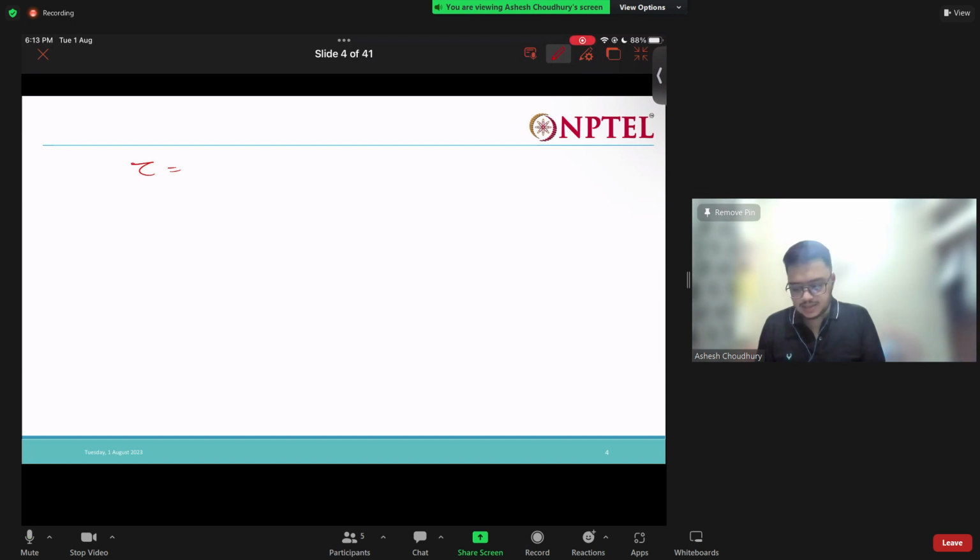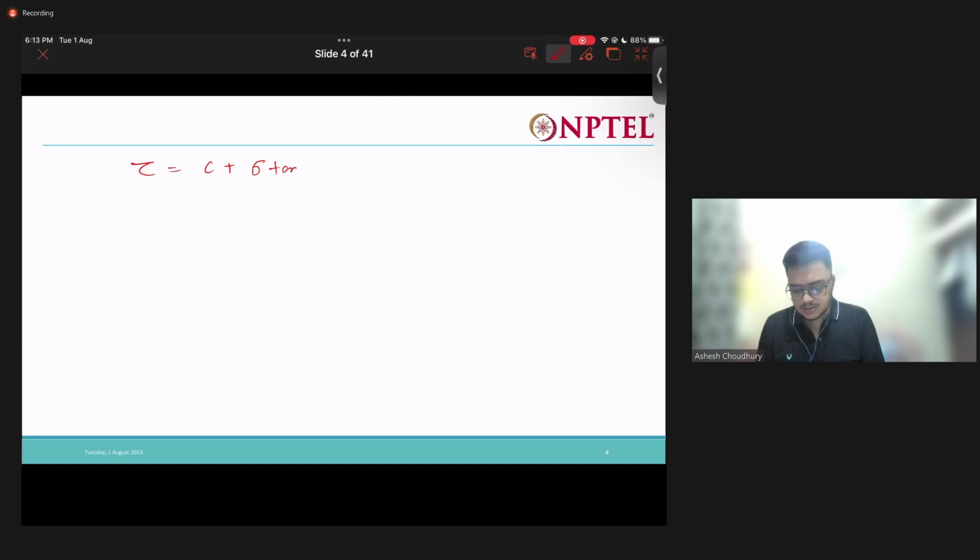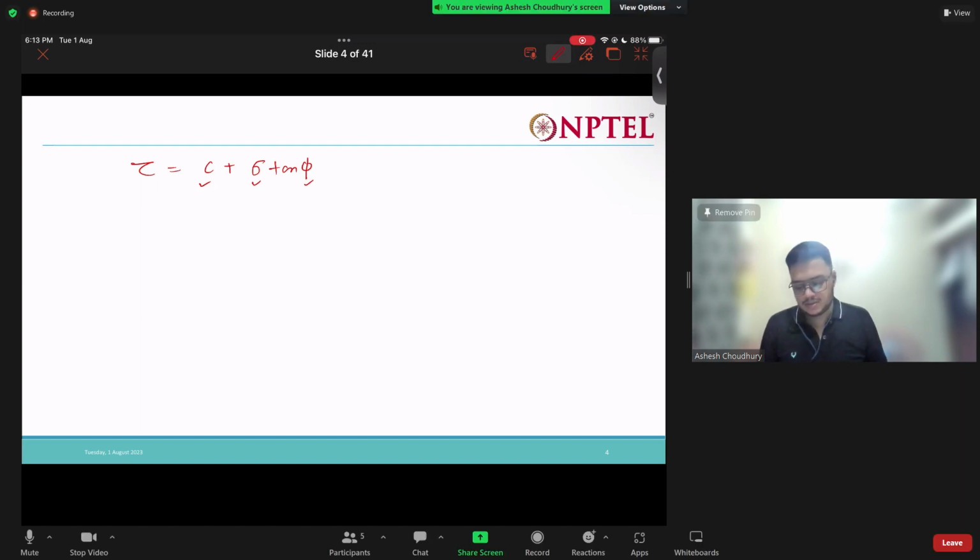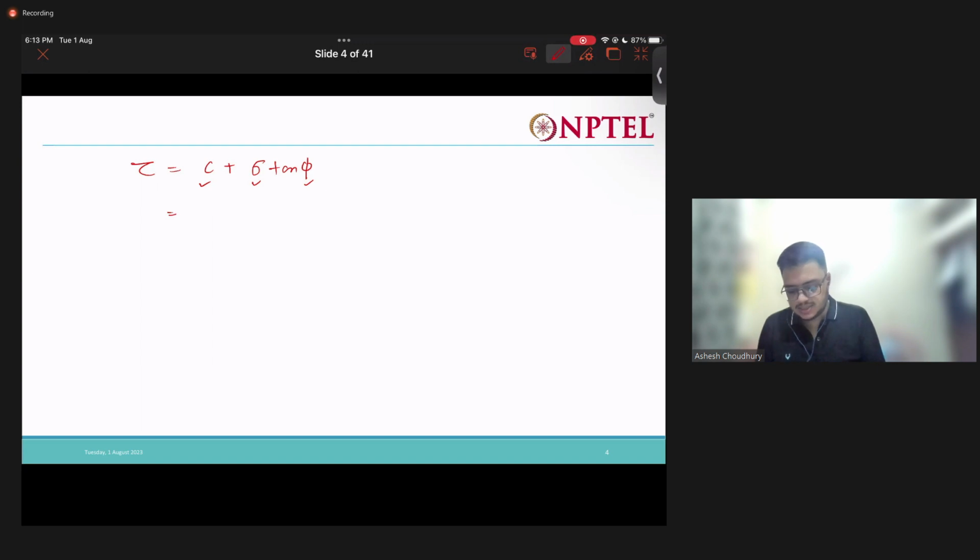Tau is nothing but c plus sigma tan phi, right? This sigma is nothing but the normal stress on that plane, and phi is the angle of internal friction, right? As this is sand, c is 0. So we need to find this sigma, and phi is given, right?